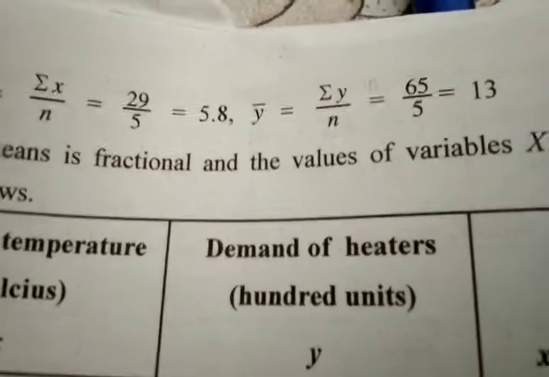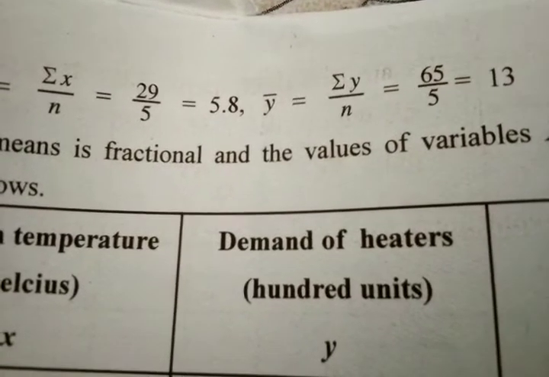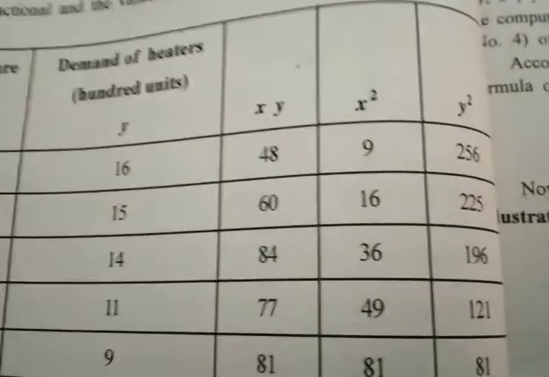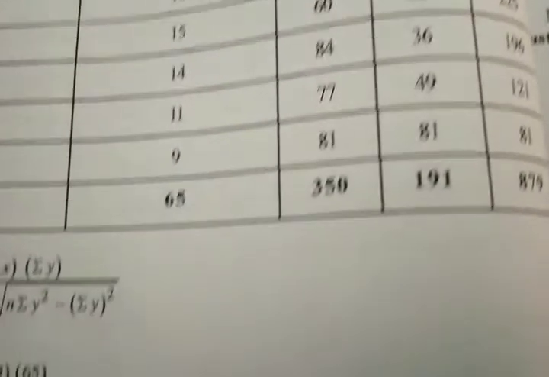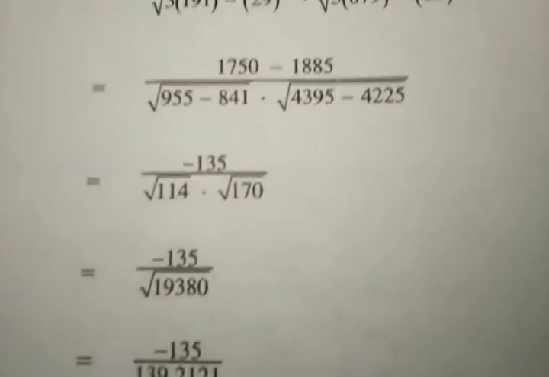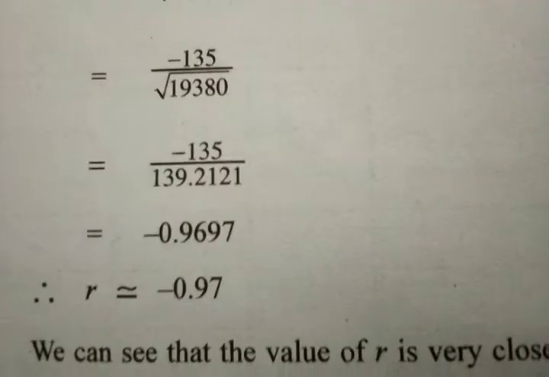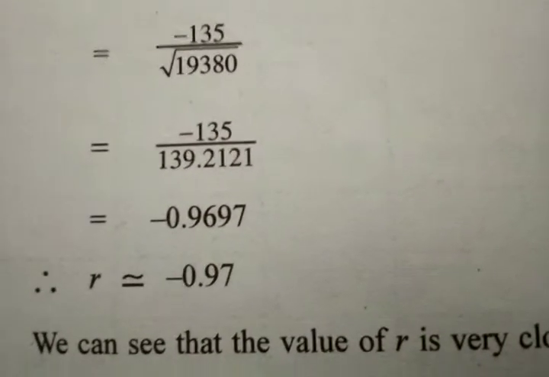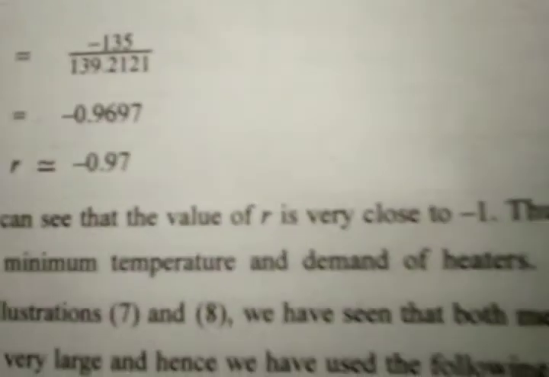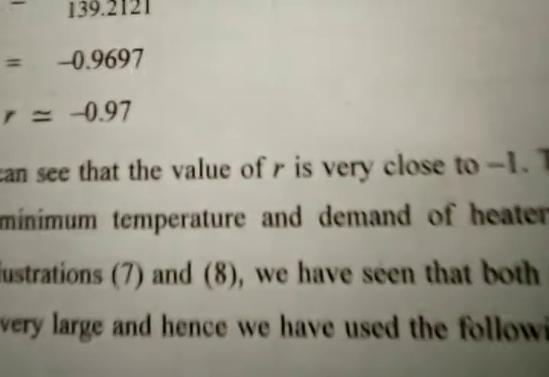So one of the means is an integer, whereas the other is a fractional number. So we have to apply the xy method again. Work out xy, x squared, y squared, and we get the value minus 0.97. So there is a high degree of negative correlation. That is the implication. So accordingly we work it out.